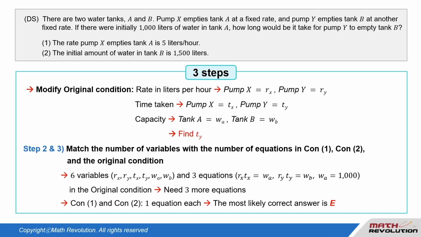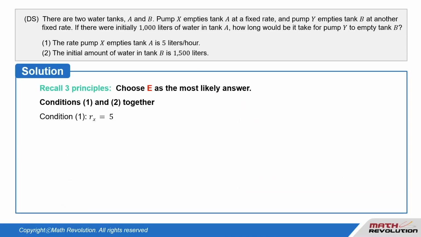To match the number of variables with the number of equations, we need 3 more equations. Since conditions 1 and 2 will provide 1 equation each, E is 80% likely to be the answer. Recall the 3 principles and choose E as the most likely answer.